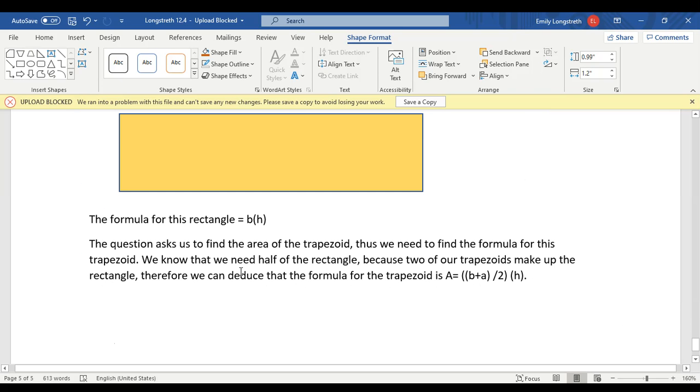So when you are trying to find the trapezoid, which is half of this area, that formula needs to just be divided by 2. Therefore, area equals base B plus base A divided by 2 times the height.